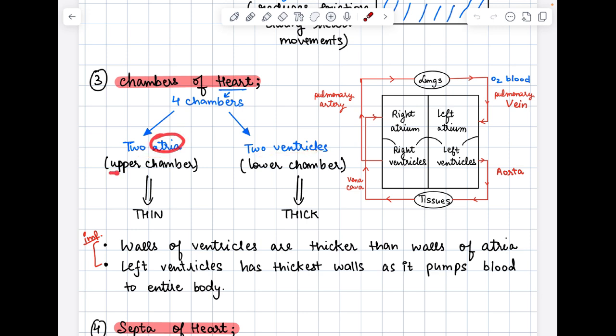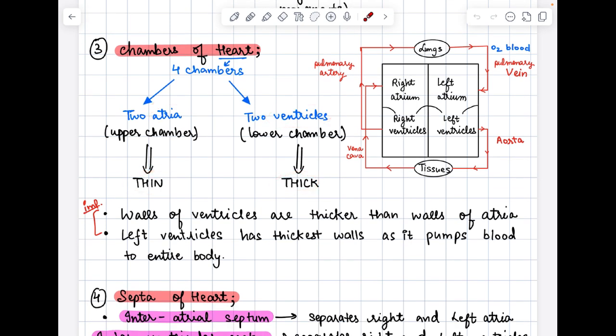Atria means upper chamber and ventricles mean lower chamber. And you also know that the atria is thin and ventricles is thick. Now, most important points. Walls of the ventricles are thicker than the walls of the atria, and the left ventricle has the thickest wall as it pumps blood to the entire body.